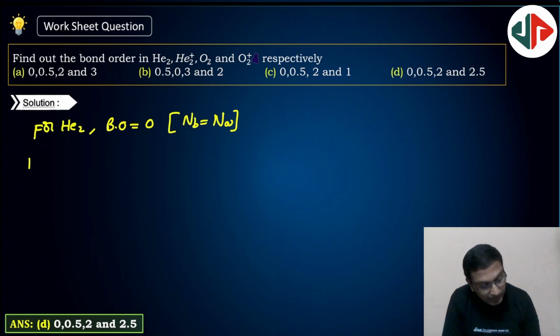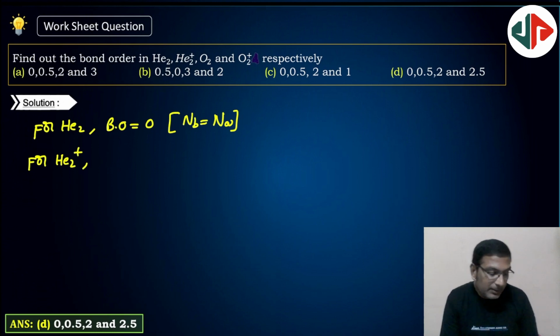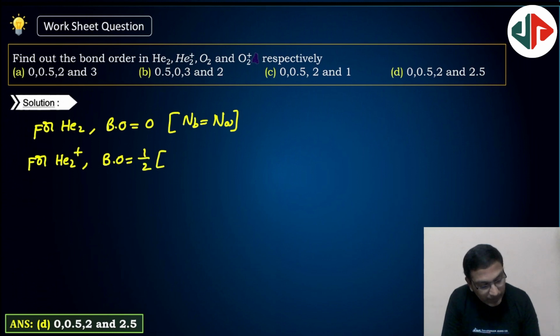Next for He2 plus. So here total number of electrons in He2 are 4 electrons. He2 plus means 3 electrons. 3 electrons means bond order equal to half into bonding electrons 2 minus anti-bonding 1, that is 1 by 2. 1 by 2 is 0.5.